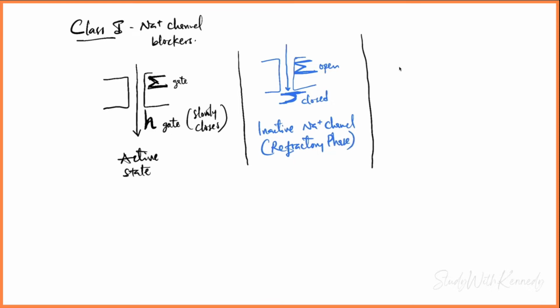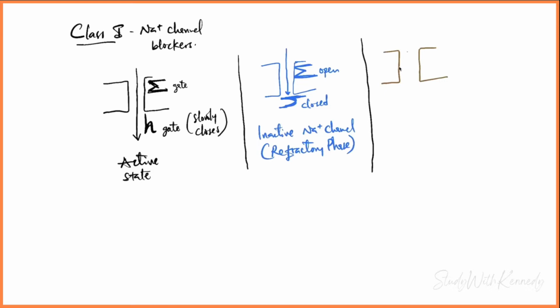phase. The third type of sodium channel that we have is the resting channel. The third type of sodium channel is the resting channel. With the resting channel, the M gate itself is closed, but the H gate is open.